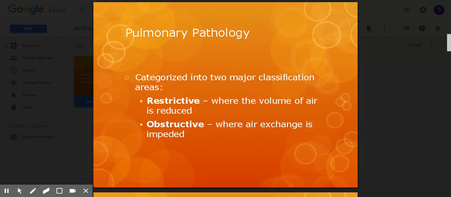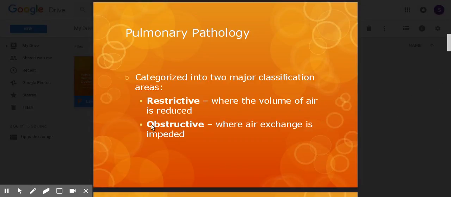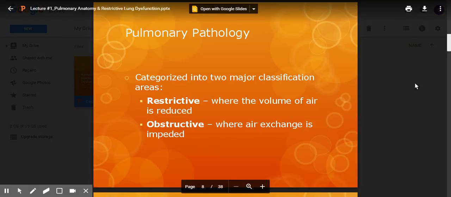Many of the conditions that we're going to discuss may actually have some restrictive and obstructive aspects to them, but from a definition standpoint, they are categorized into either restrictive or obstructive categories as the primary causation for pulmonary dysfunction.